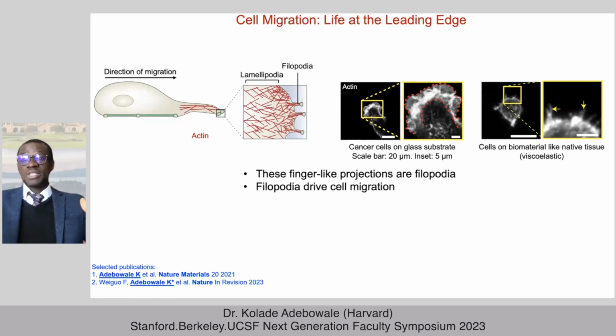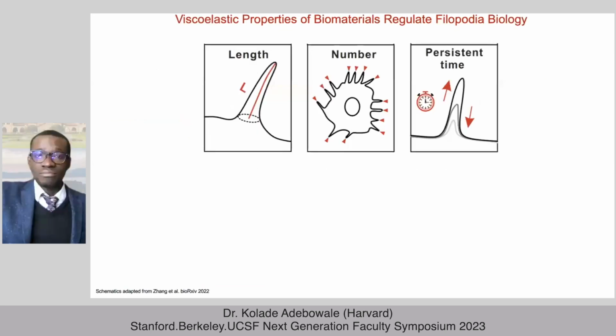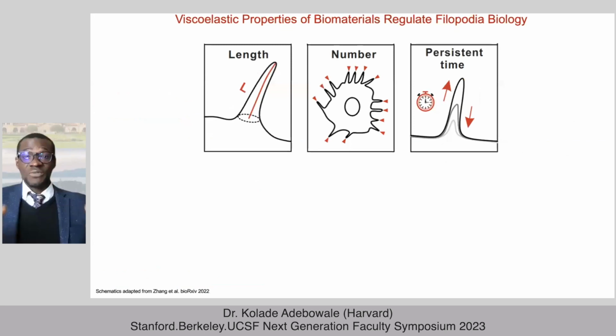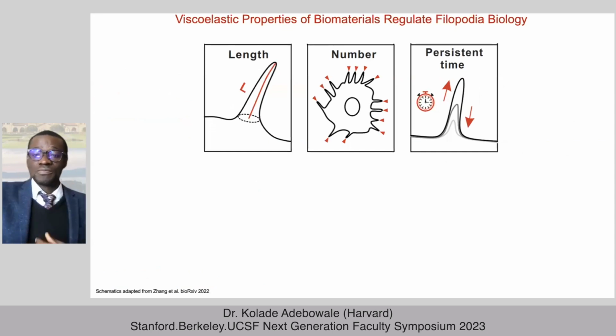And more importantly, these filopodia protrusions drive cell migration. We also worked out that the viscoelastic properties of biomaterials regulate filopodia biology, such as their length, the number, and the dynamics of these protrusions, such as their lifetimes and their extension and retraction cycles.